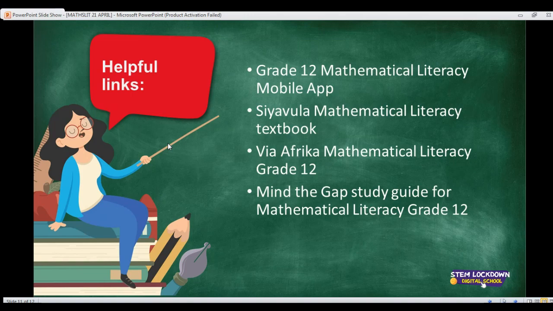They are available online and they can help you. The Mind the Gap study guide, especially for the grade 12s, has a lot of activities there, and even the memorandums, which is the answers to the very many questions you find. So it will help you get used to the questions and answering. And if you get stuck, you are able to access the memorandum there.